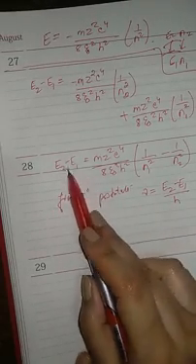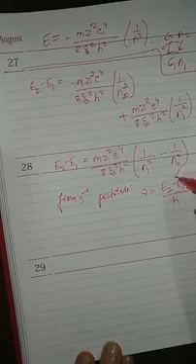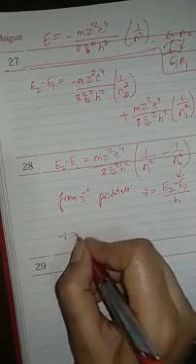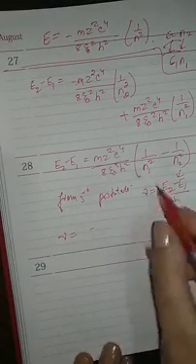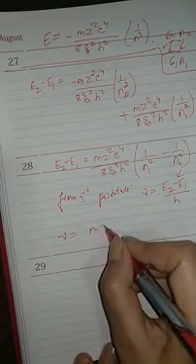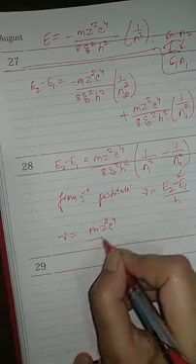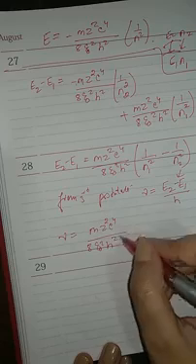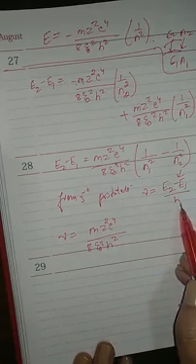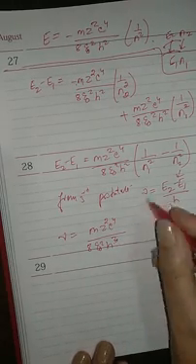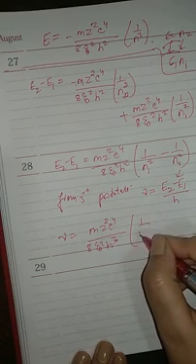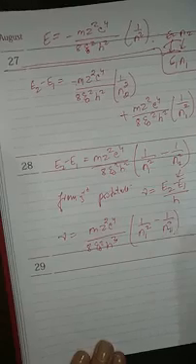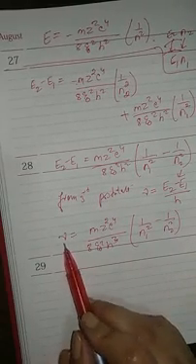Now putting the value of E2 minus E1 in this particular equation, nu is equal to mz square e to the power 4 divided by 8 epsilon naught square h square. There is this h also, so it becomes h cube, inside the bracket 1 by n1 square minus 1 by n2 square. So this is frequency nu.